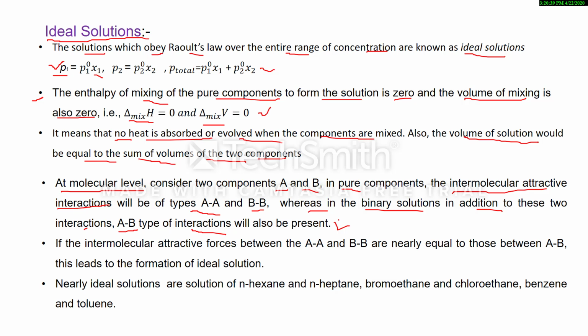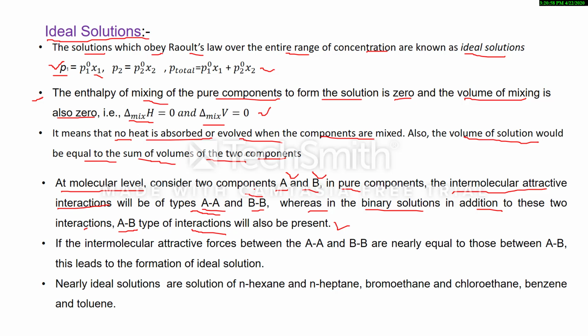Simply, let us say A is a solute and B is a solvent. In component A, the force of attraction between the solute molecules is referred to as AA interaction, and in case of solvent, this is referred to as BB interaction.